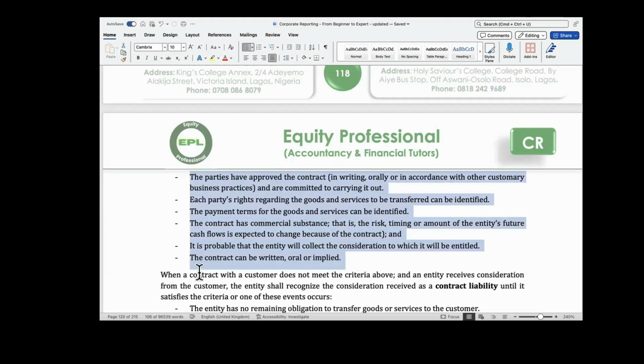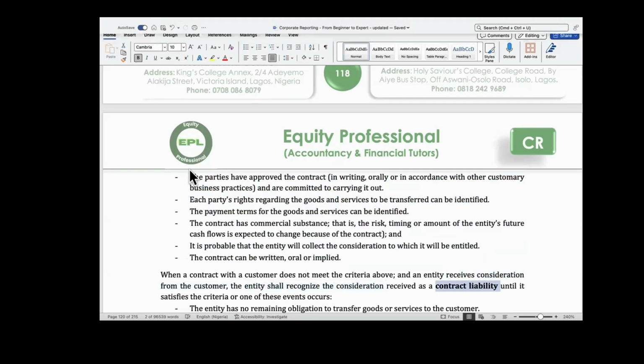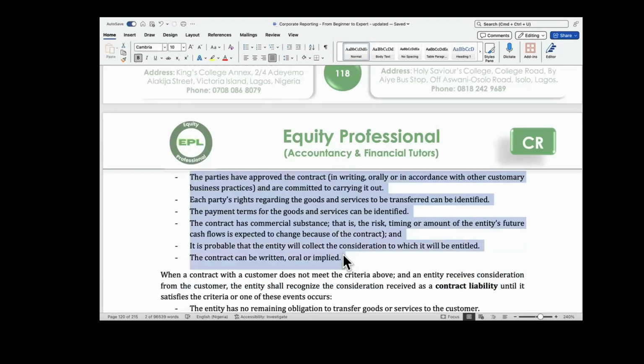When you have a contract that does not meet the above criteria, and you went ahead to receive money from a customer, you cannot recognize such money as revenue. In fact, you can only recognize it as a liability, because when all of these are not present, the customer can come back and say, please give me back my money.